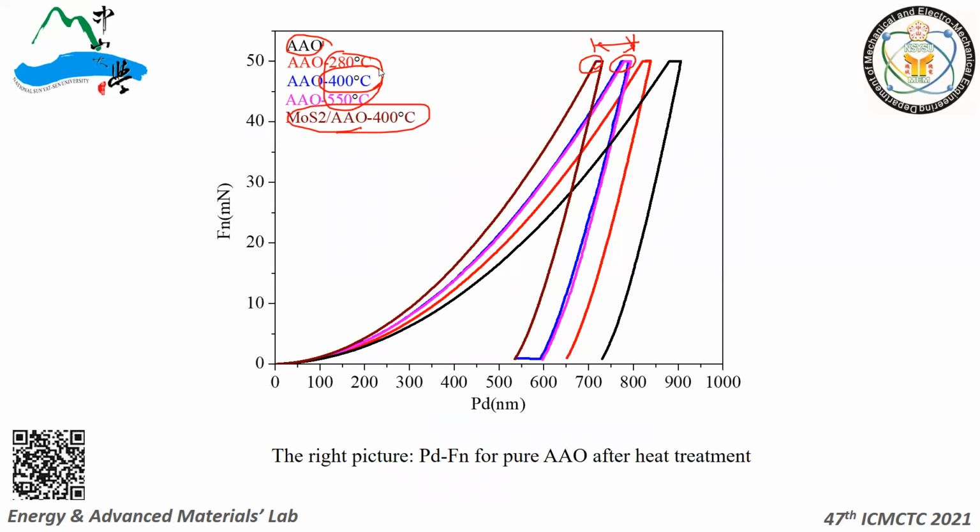And also we compared the pure AAO annealed at different temperatures with the MoS2 coating pyrolyzed at 400. If we take the MoS2 coating sample pyrolyzed at 400, it is right here, and the pure AAO pyrolyzed at 400 is right here, so we can see the depth difference between them, right?